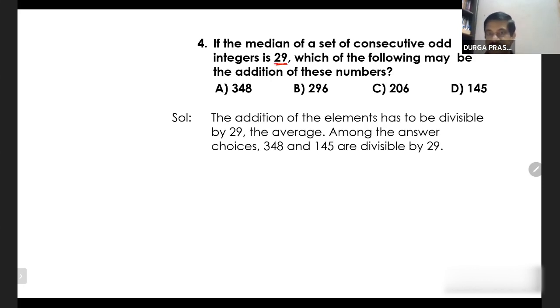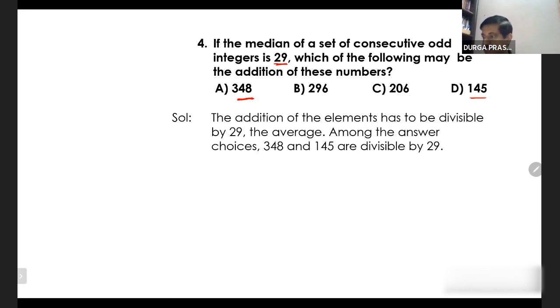As we have seen in the previous case, here also it should be the same. Looking at these options, there are two numbers divisible by 29: one is 348 and the other is 145.